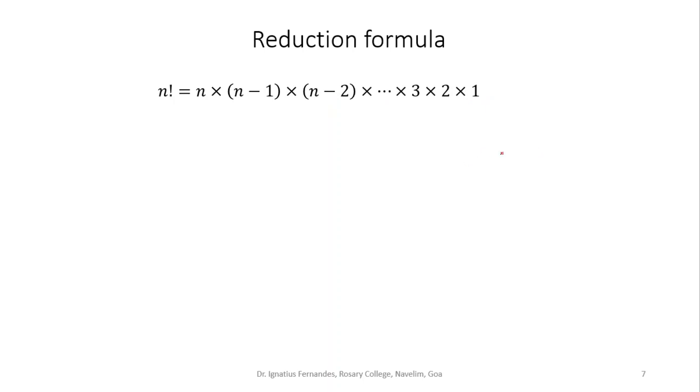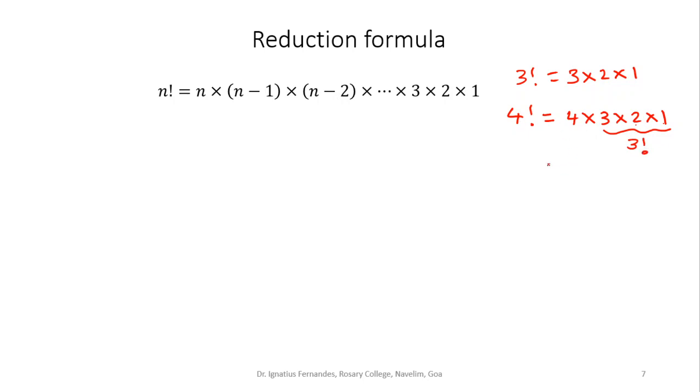If you recall, we have written 4 factorial is equal to 4 into 3 into 2 into 1. Now if I have to write down 3 factorial, what will it be? 3 into 2 into 1. So you will see that inside 4 factorial, I have 3 into 2 into 1, which is actually 3 factorial.